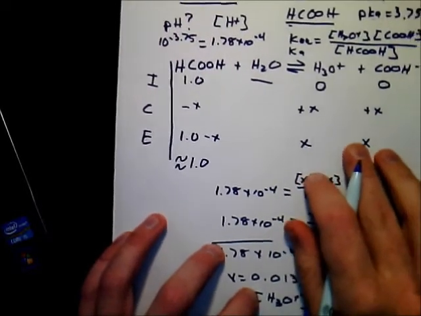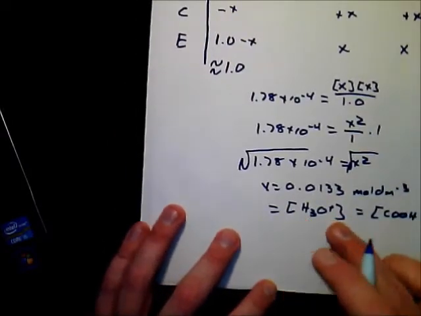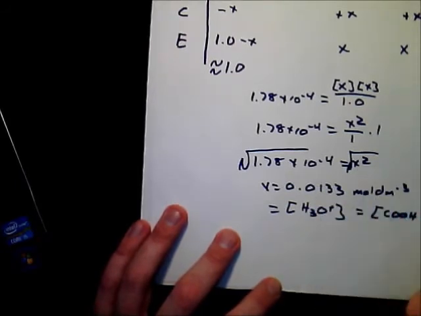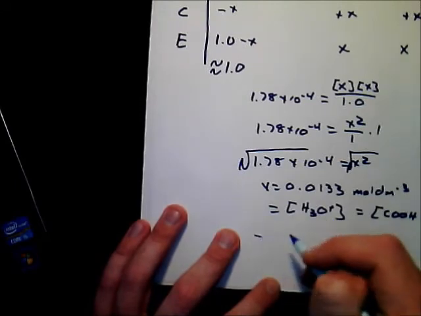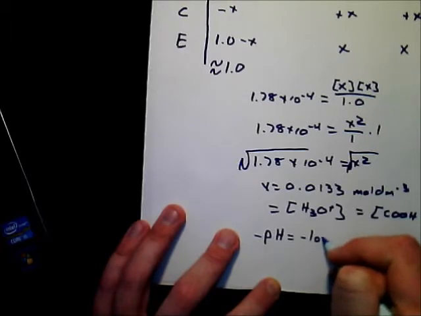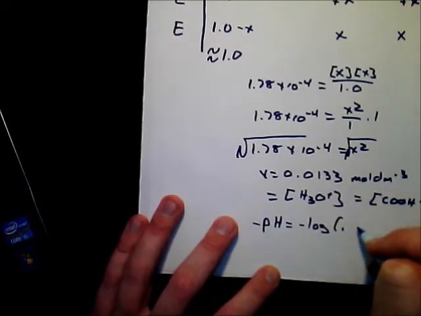X is both of these things. But what we're interested in is the concentration of H plus. This is the concentration. We just need to know the pH. So to go from a concentration of hydrogen ions to a pH is the negative log of the concentration of the hydrogen ions. So I'm just going to take the negative log of 0.0133.